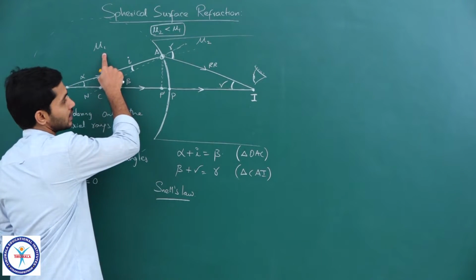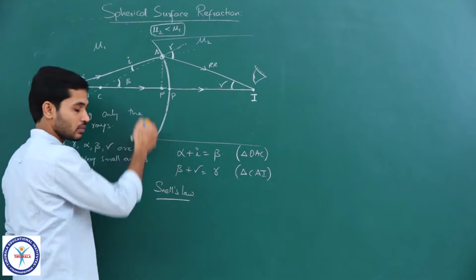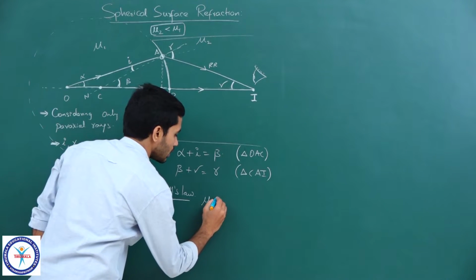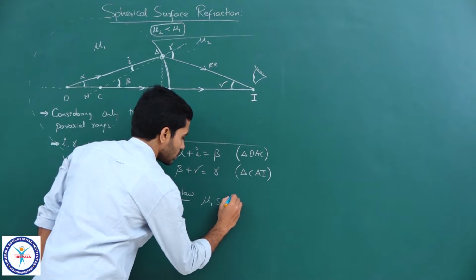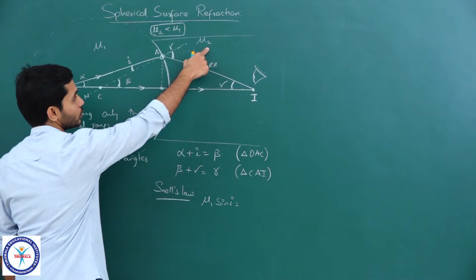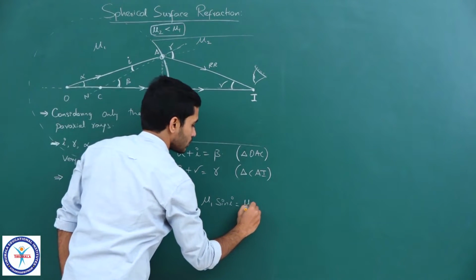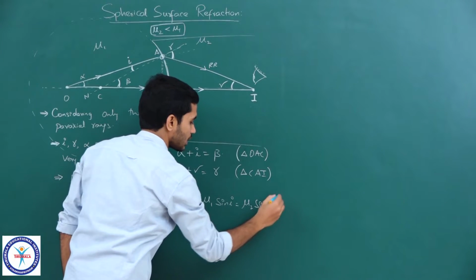Mu 1 into sine of the angle in that medium. So, mu 1 into sine I is equal to mu 2 into sine R.